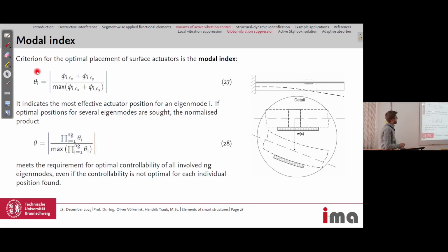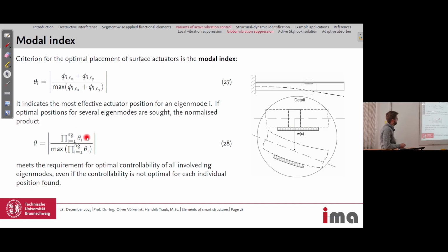And this would be the description for one eigenmode. If we want to have a look at several eigenmodes with several actuators, then we can simply use the product. Here in the denominator we have the product of the maximum surface strains for the individual eigenmodes. So we use all eigenmodes we want to suppress in this product.